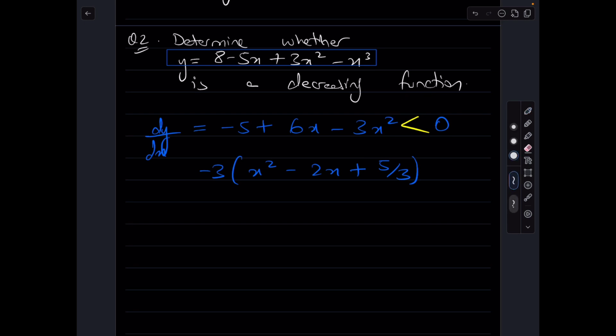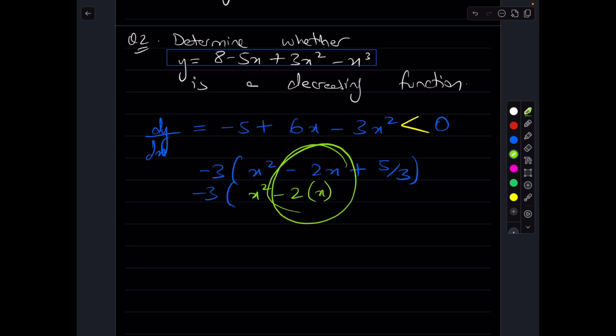I'll ignore this part for now, and then I'm going to complete the square. I'll do this with yellow. So x squared is x, and I have minus 2. I know there's going to be a minus 2 because there's a minus here and not a plus 2, a is x, and I got what I needed, thus b is 1.